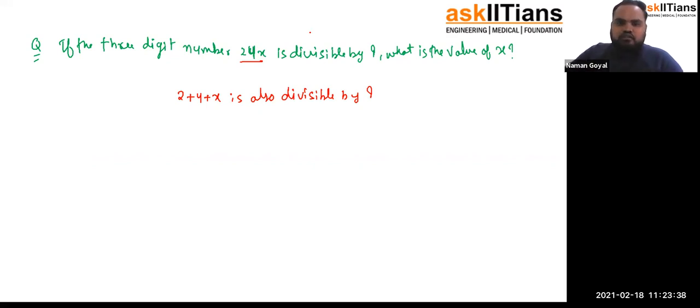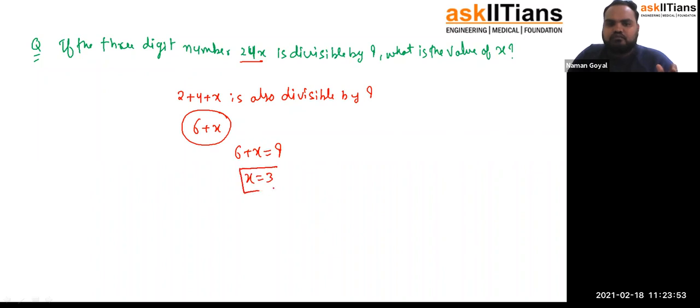So the sum we have is 6 plus x. For the number to be divisible by 9, the first possibility is what? 9. The sum can be 9, right? So if the sum is 9, the value of x is 3. This is case 1. The next possibility is that the sum 6 plus x can be 18.